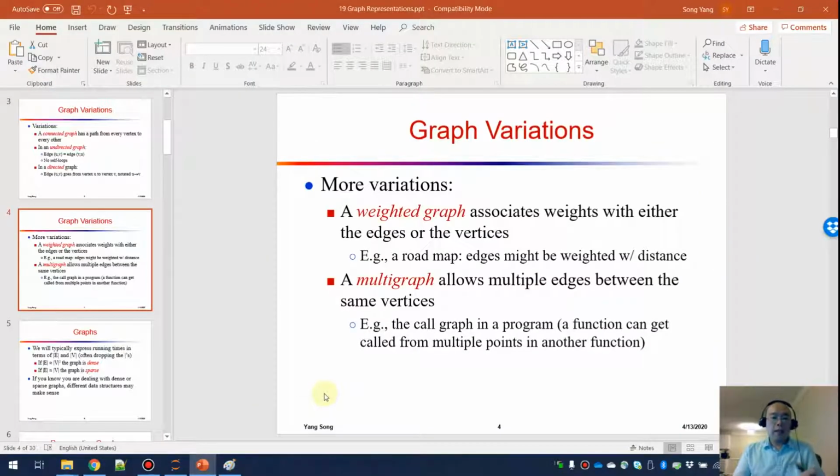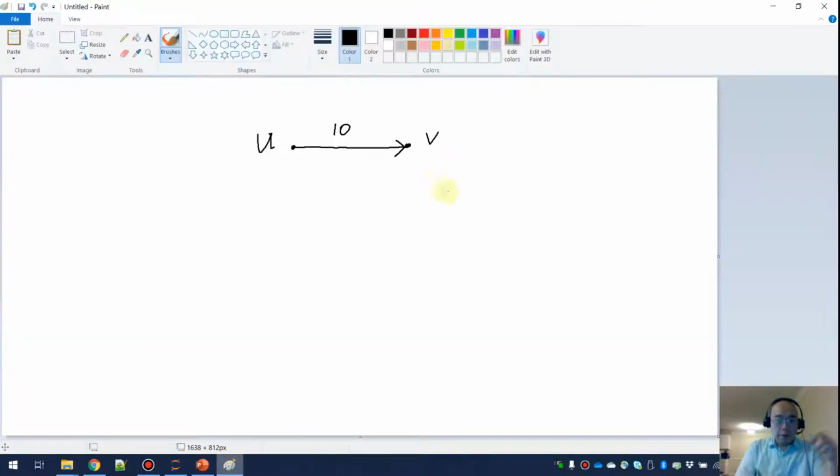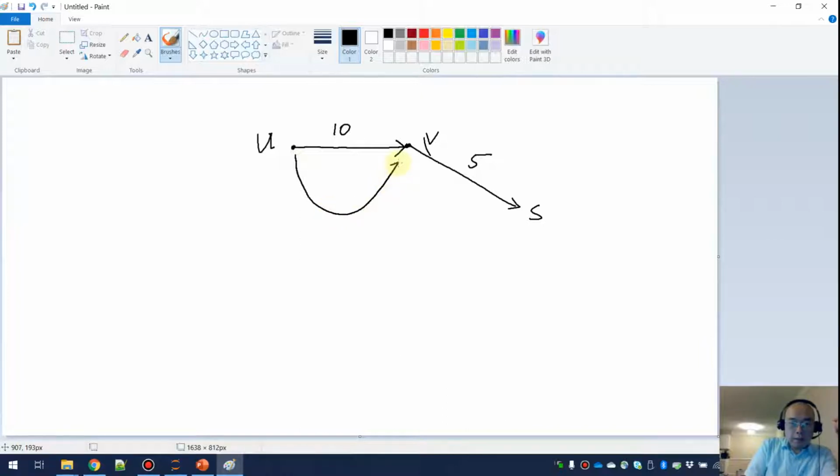Okay, and then the multigraph. For the multigraph, for each pair of nodes, there can be multiple edges. For example, I have U to V and then V to S, and the weight is 5. And from U to V, I have another path, and this weight is 15.